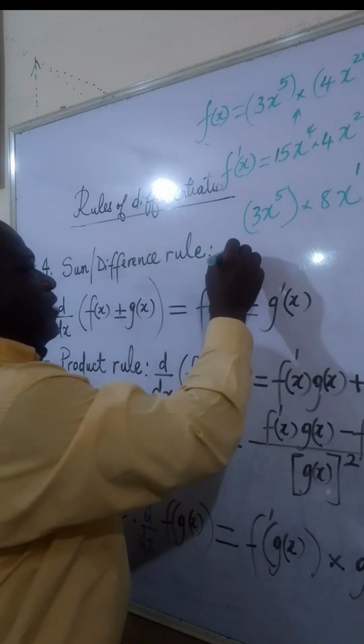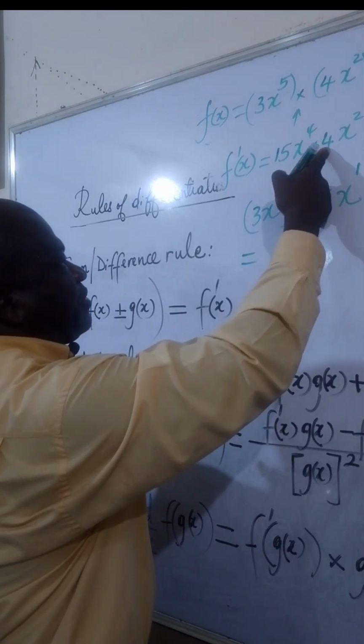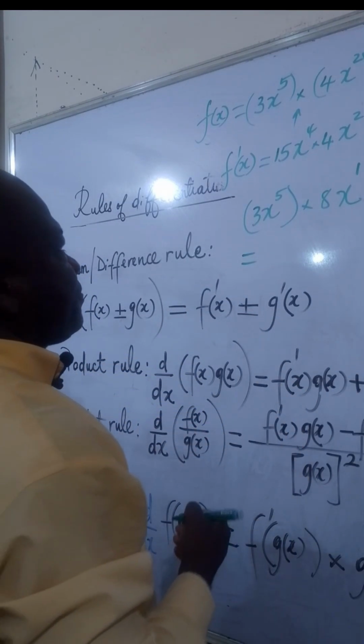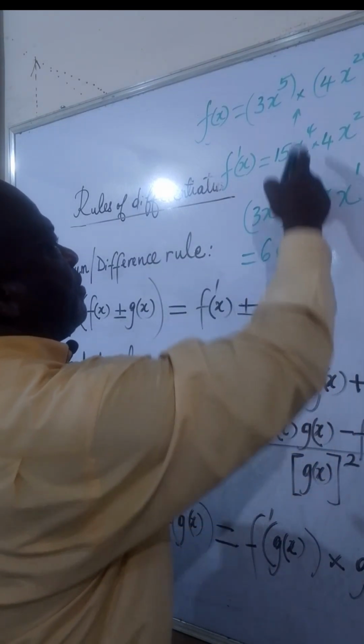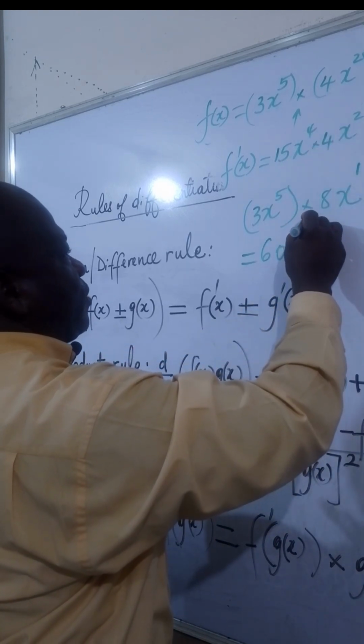Now we can simplify this f prime. That's 15 times 4, that's 60, x raised to power 4 times x raised to power 2 gives us x raised to power 6.